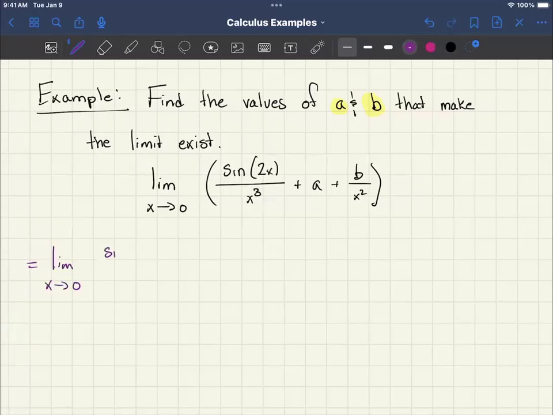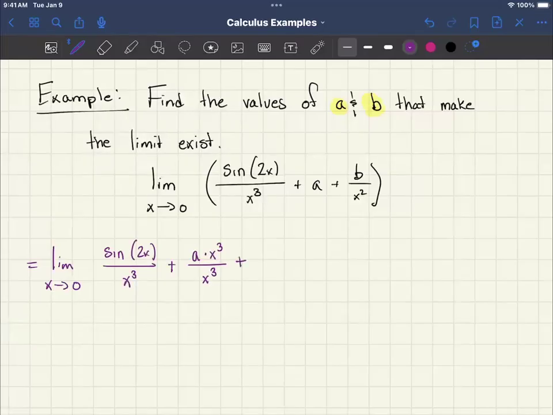And our common denominator for everything, you'll notice, is going to be x cubed. Now, you can probably do this in one step. I'm going to do it in two different steps so that we see everything that's going on here. In our second term, to get an x cubed in the denominator, we're going to multiply by a fancy one, so that's x cubed divided by x cubed, right?